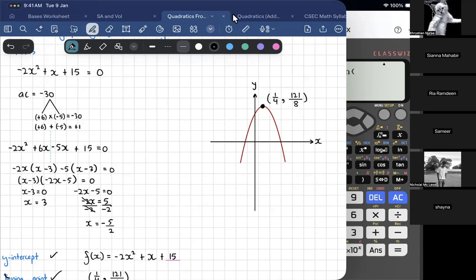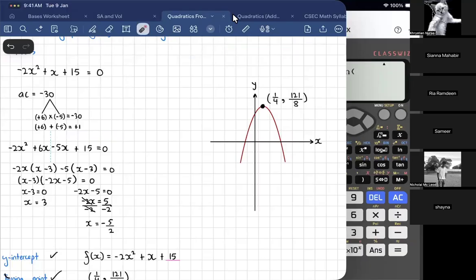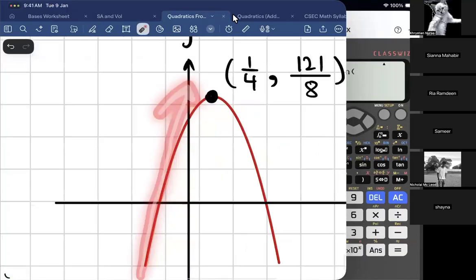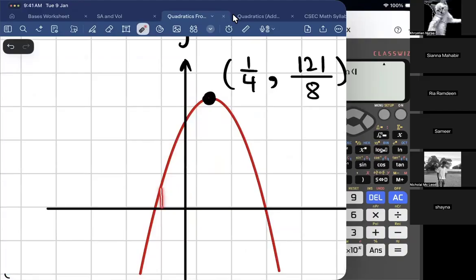Okay. Because over here, you'd imagine that the gradient is increasing, right? And if you're confused, think of it like this. Watch. As the value for x gets bigger and bigger, what happens to the y value?